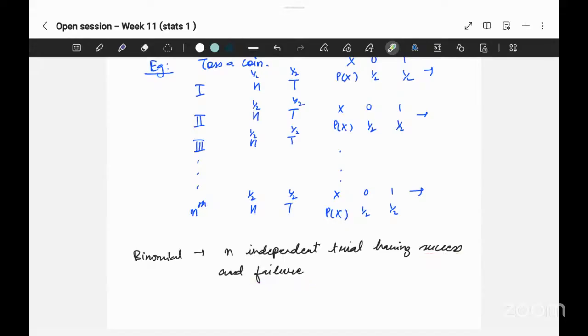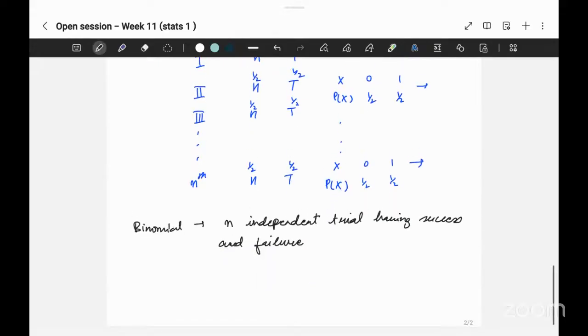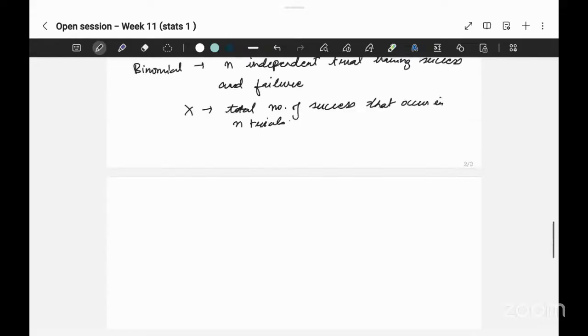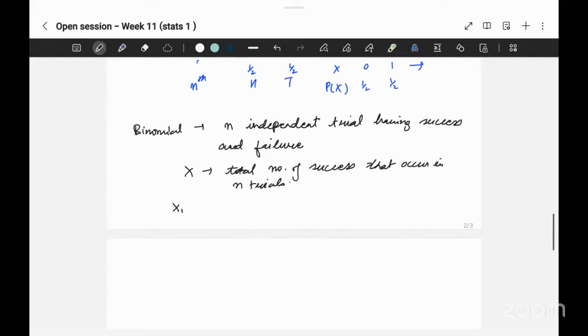So I say that my x is basically the total number of success that occur in n trials. Let's suppose I am having n trials. Okay, so I have x1 trial, x2 trial, x3 till xn.